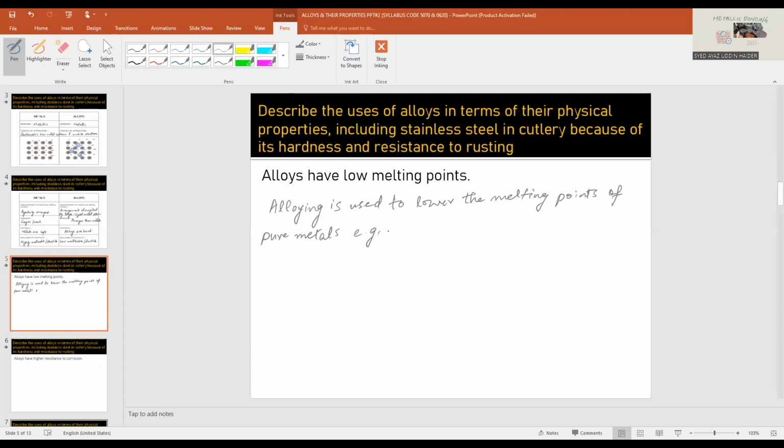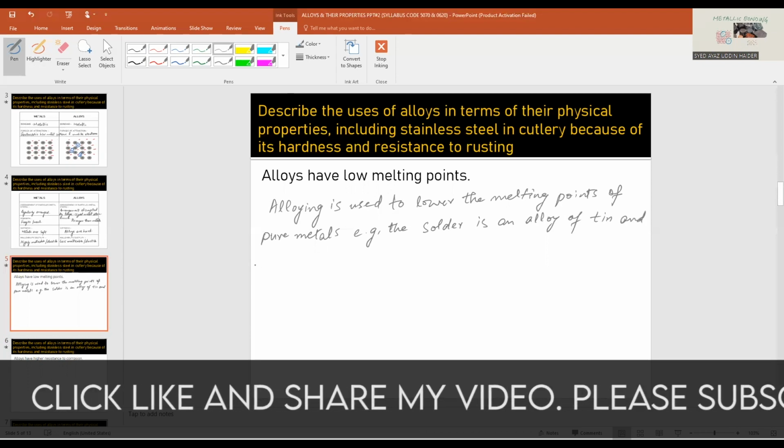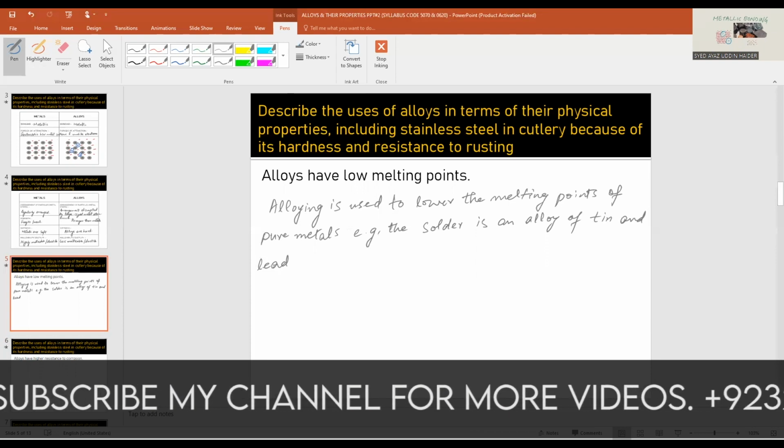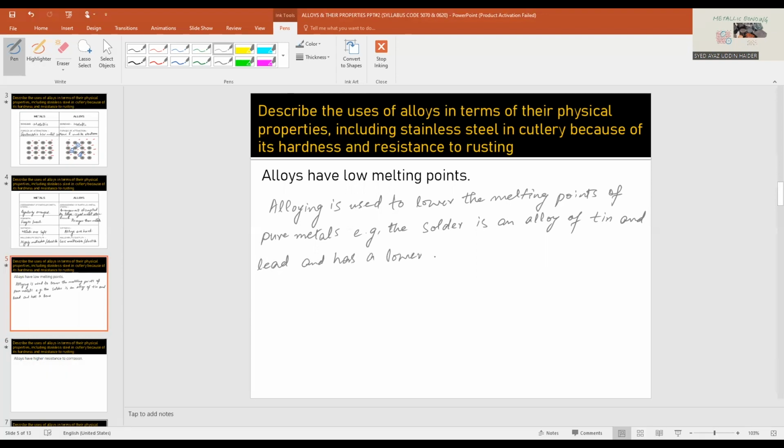For example, the solder is an alloy of tin and lead, and has a lower melting point than its constituent metals. And thus it can be used to join metals.